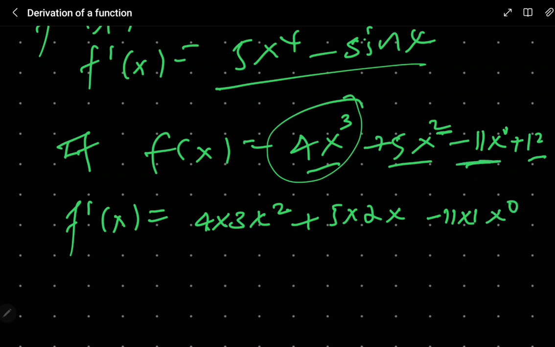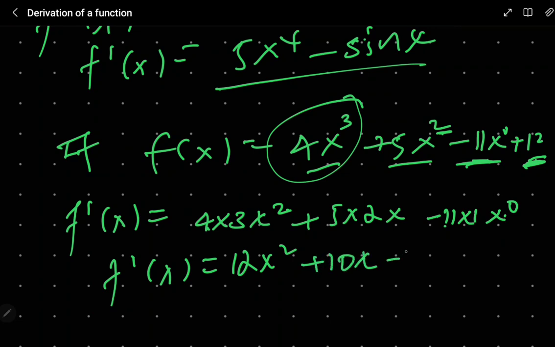The derivative of a linear is a constant, the derivative of a constant is 0. So x to the power of 0 is 1. So 1 times minus 11 times 1 is just minus 11. So this f derivative of x is gonna give us 12x squared plus 10x minus 11.